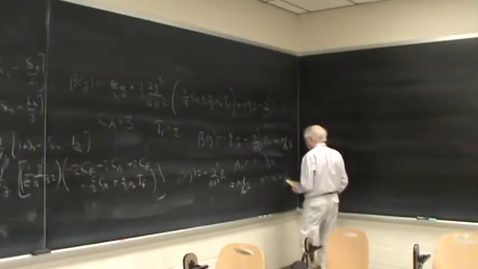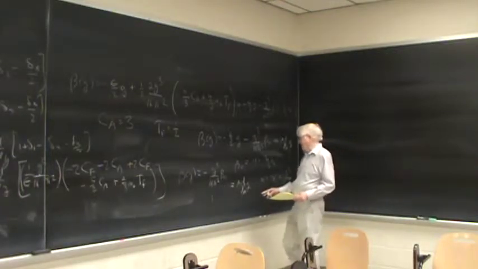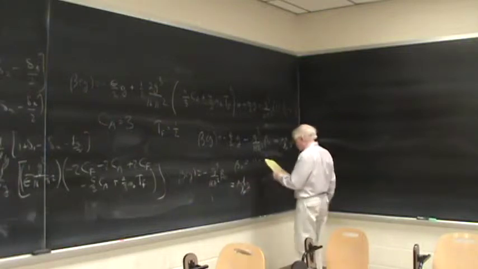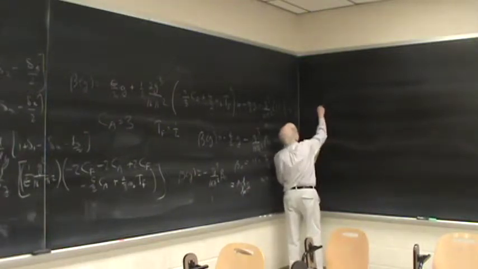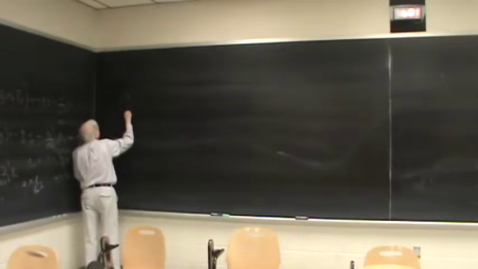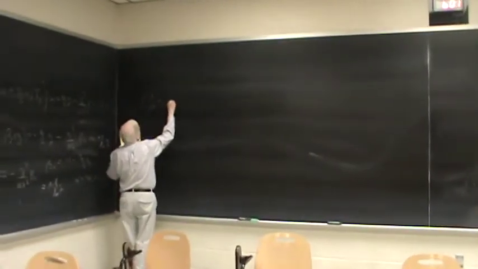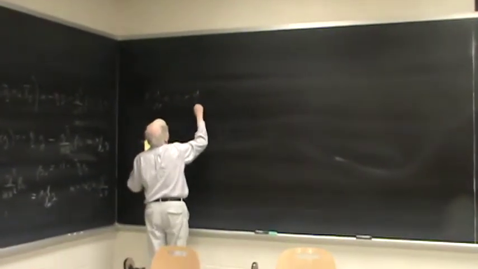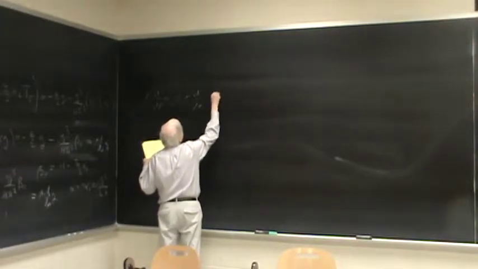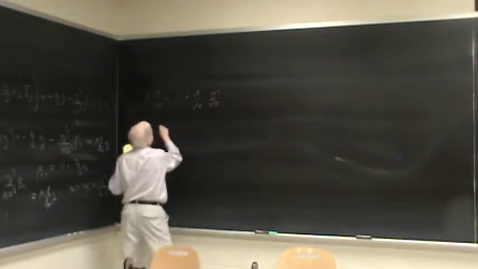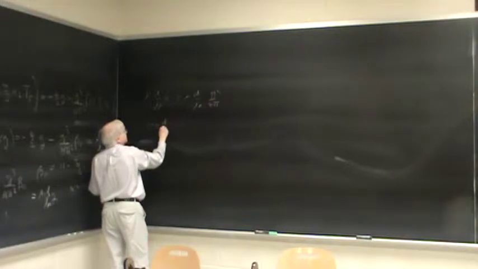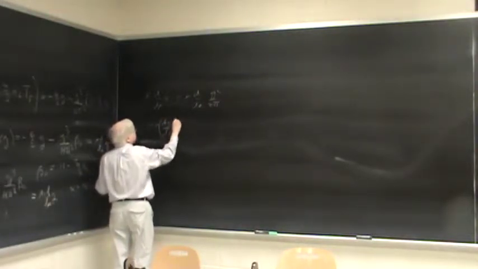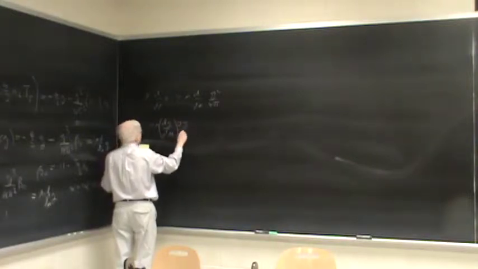Okay, so what we're going to have here is, let's look at mu d/d mu of alpha. Well, this is mu d/d mu of g squared over 4 pi. So this is mu dg/d mu times 2g over 4 pi.